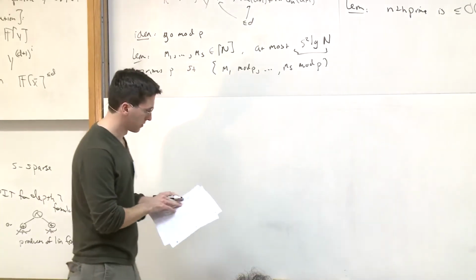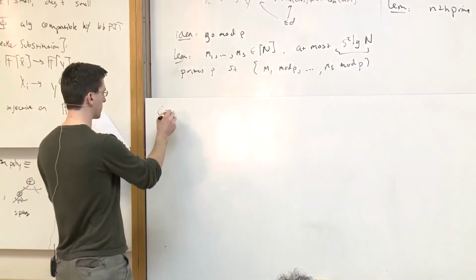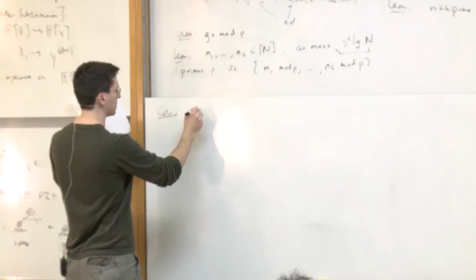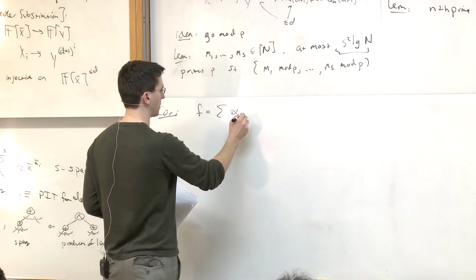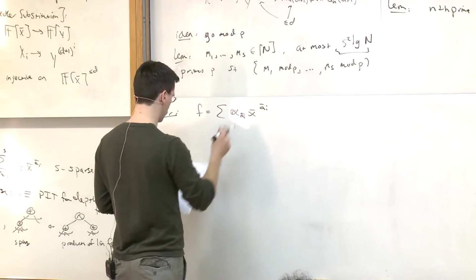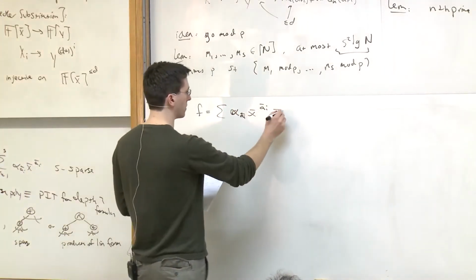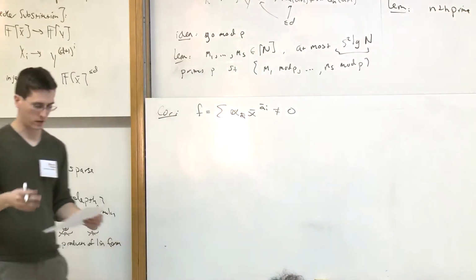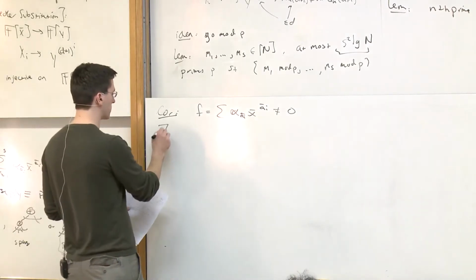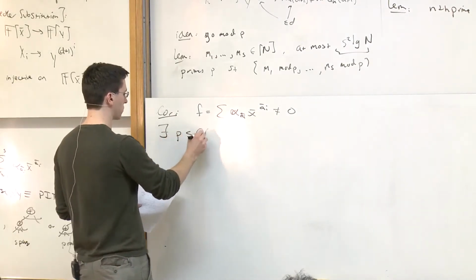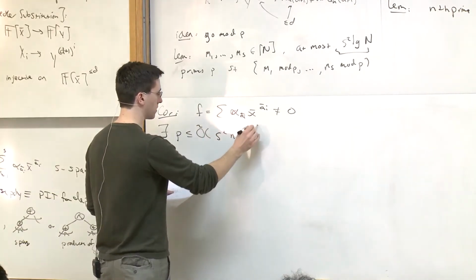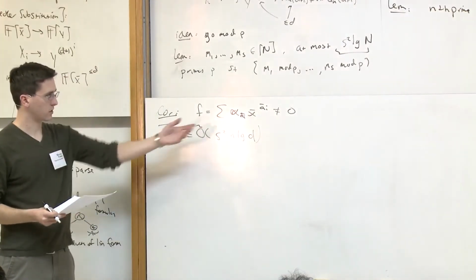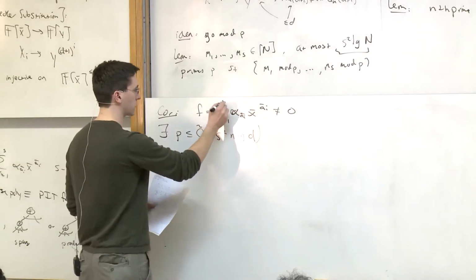Okay, so let's put this together. What's the corollary here? Suppose that you have f, our sparse polynomial, the sum of alpha_i x to the a_i, and we're assuming it's non-zero because that's what we want to hit. Then there exists some prime p, which is O tilde of s squared n log d, since it's n-variate of degree d and its sparsity is s.